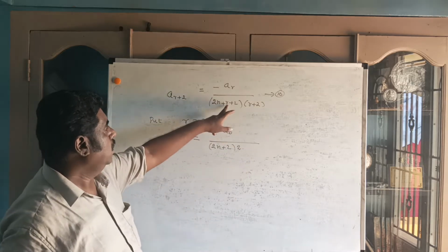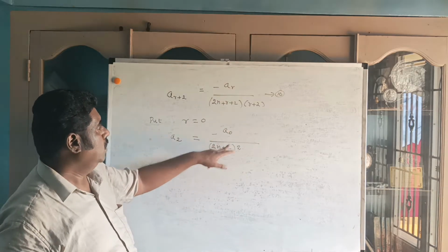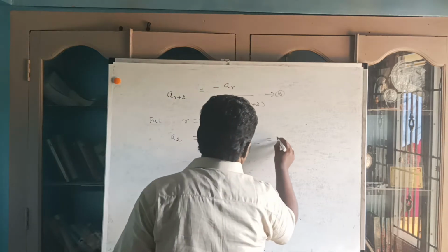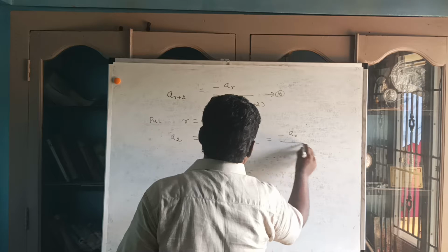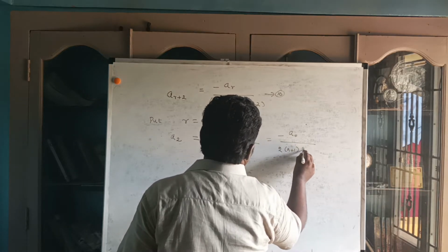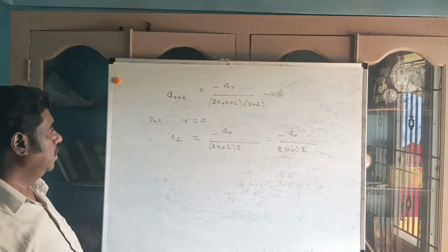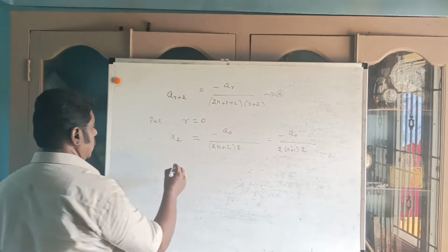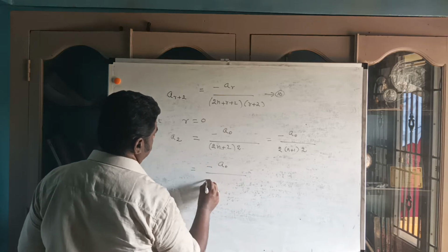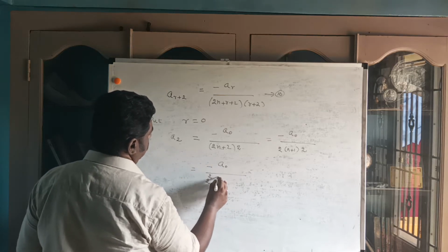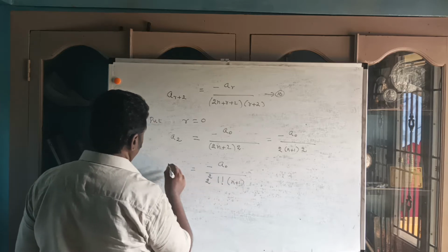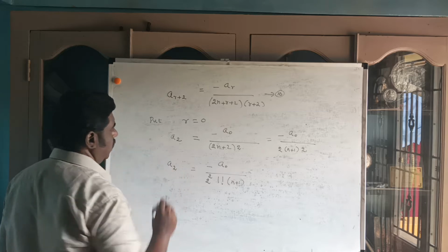Here, with R equal to 0, we get 2n + 2, which is equal to minus A0 divided by 2 into (n + 1) into 2. This I have taken outside. This is equal to minus A0 divided by 2 square into 1 factorial into (n + 1). 1 factorial is equal to 1.